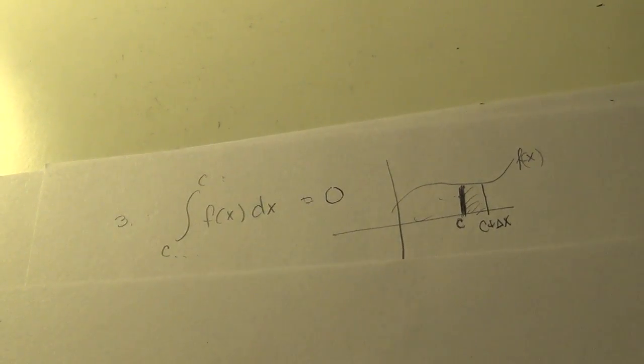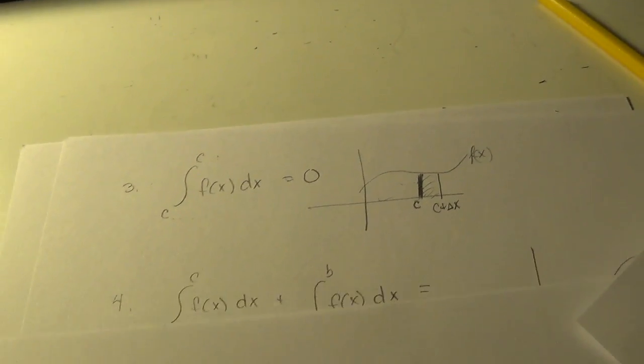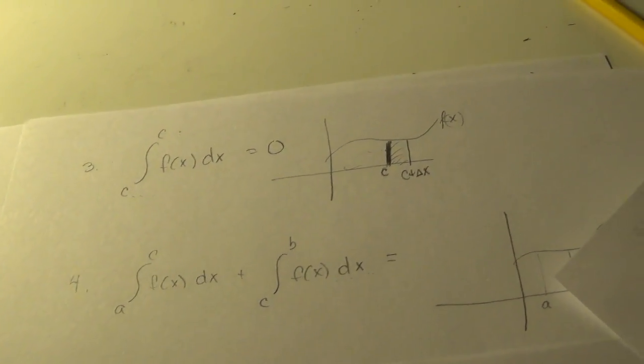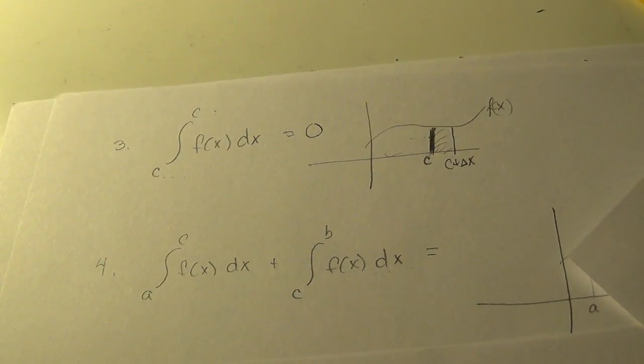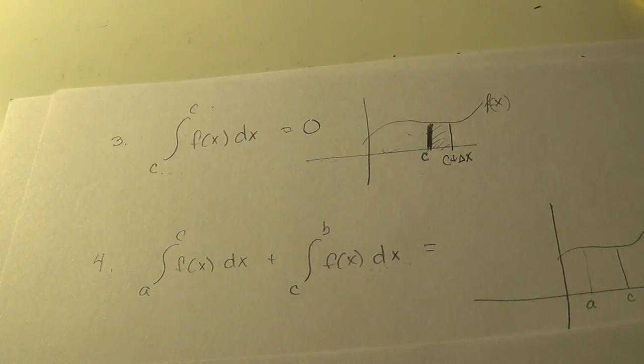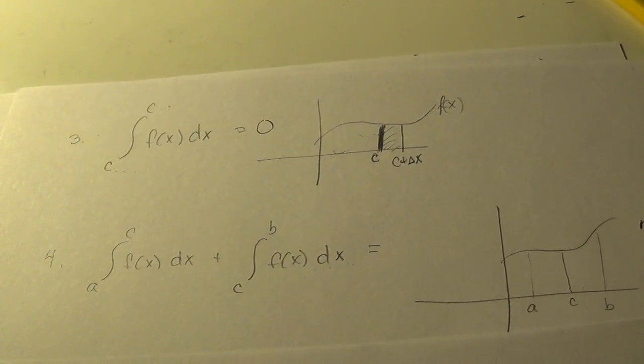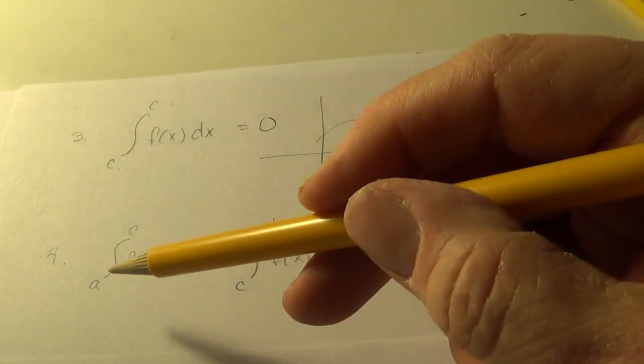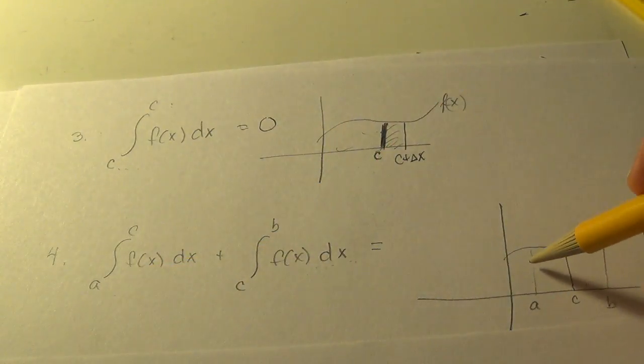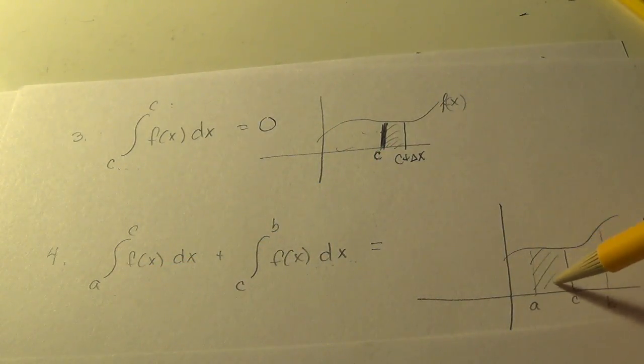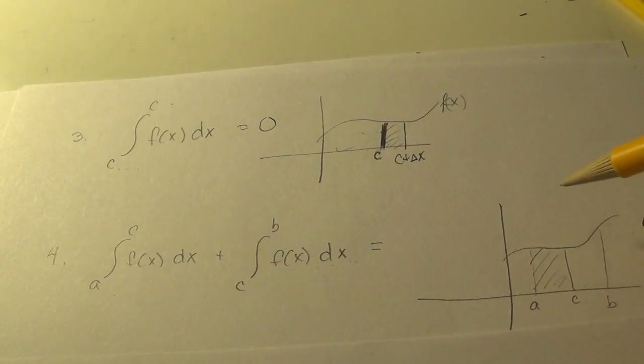I was wondering what happens when I take the integral from a to c and then the integral from c to b. I draw a picture of it, so that might help you see. So from a to c would be this area. From c to b would be this area.